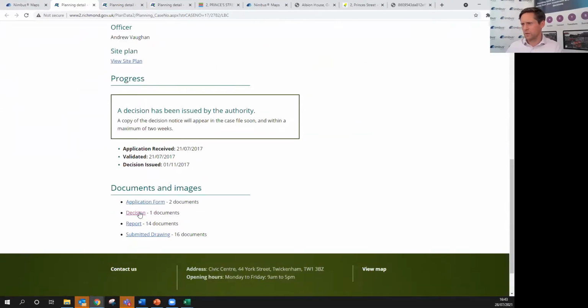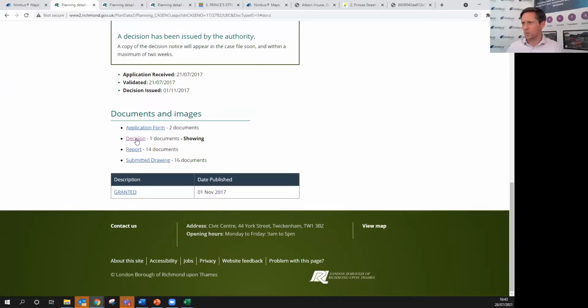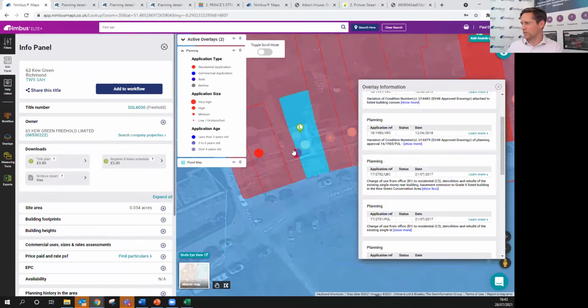It seems a remarkably clunky website, to be honest, but that was granted, so that got a consent there. So that perhaps is slightly helpful, in terms of that change of use office to resi. They got the new dwellings in the floodplain there.